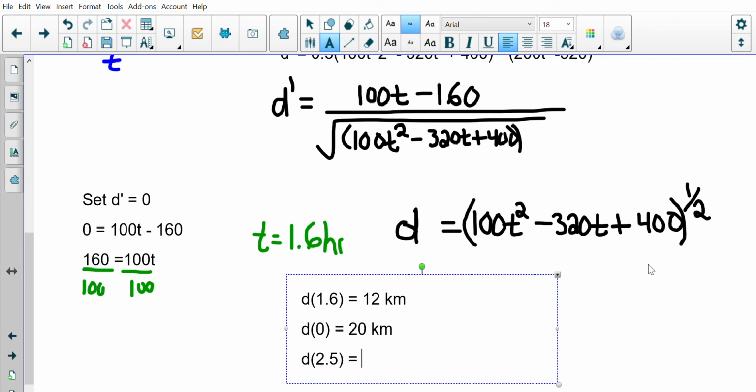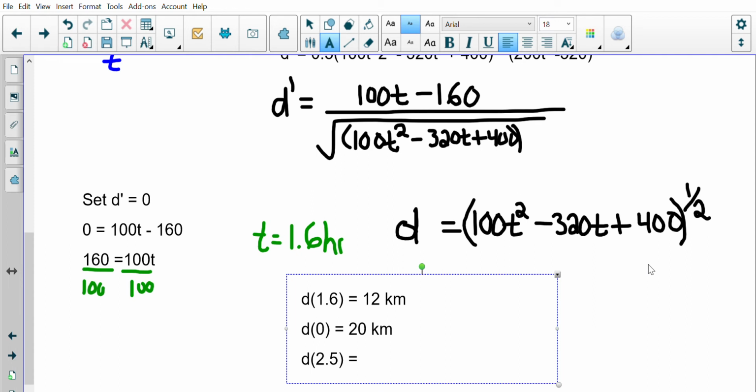Whew, I didn't do that one. Let's see here, 2.5 squared times 100, I get 625. Minus 320 times 2.5, which is 800.